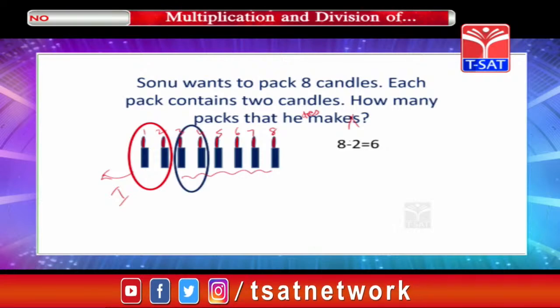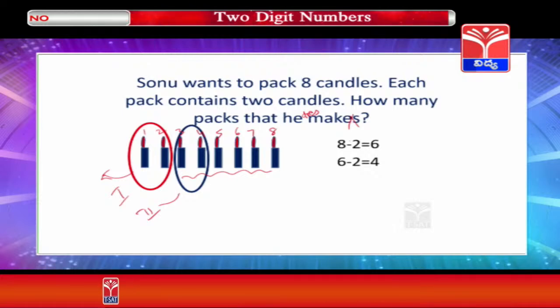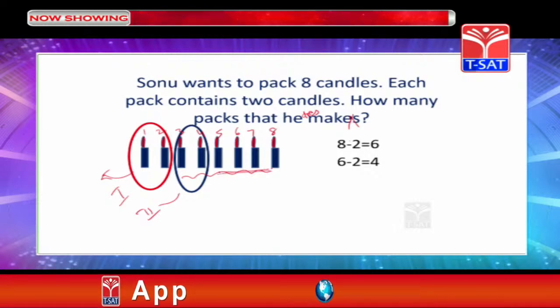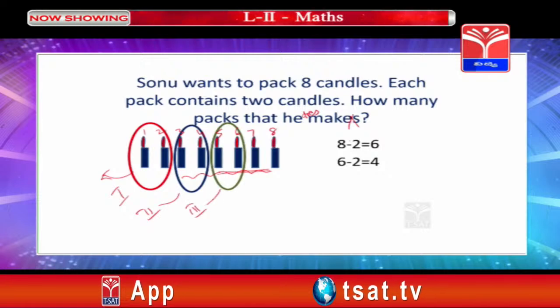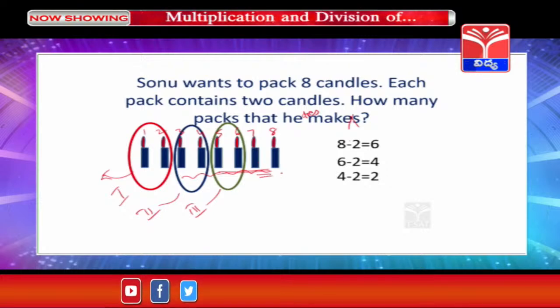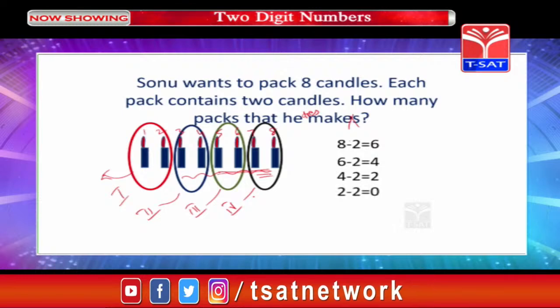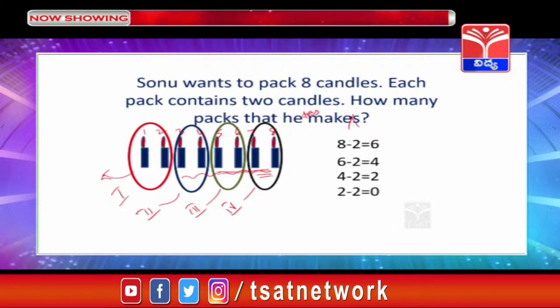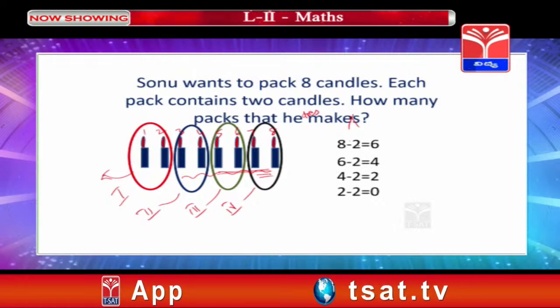From 6, 2 will be packed in the second pack. So, 6 minus 2 equals 4. We have remaining 4 candles, and from 4 candles we pack 2 candles in the third packet, and remaining 2 we pack in a fourth packet. So, all candles are packed with 2 candles in 4 packets, right?